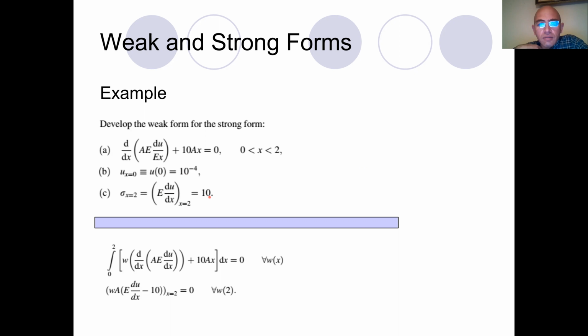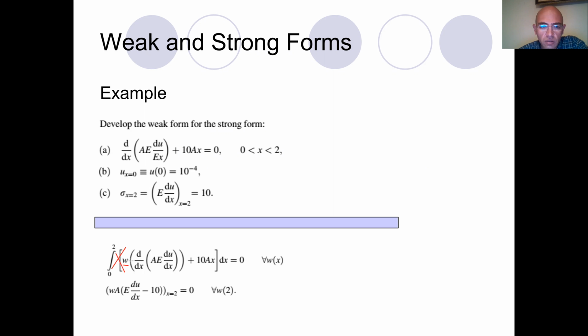So let's solve the problem. In fact, what we do is we just take the differential equation first, this one, and we multiply it with the weight. So here the parenthesis is not here. It is wrongly written.